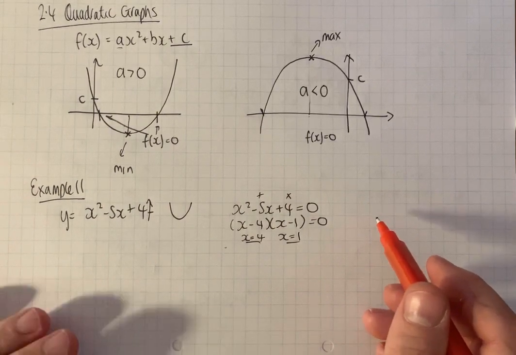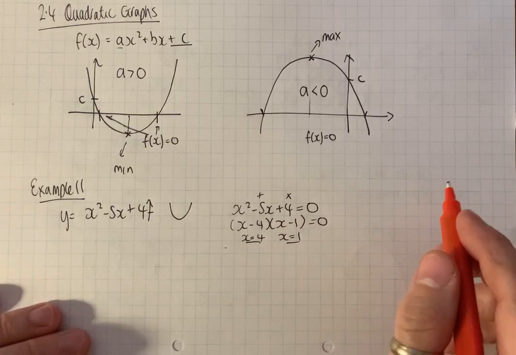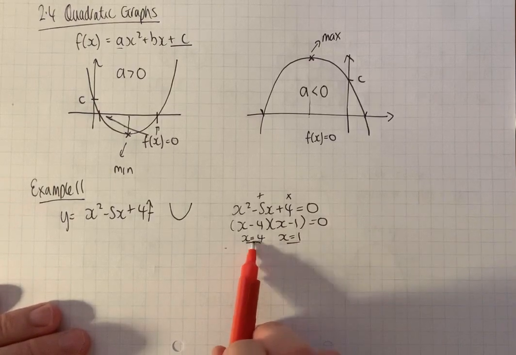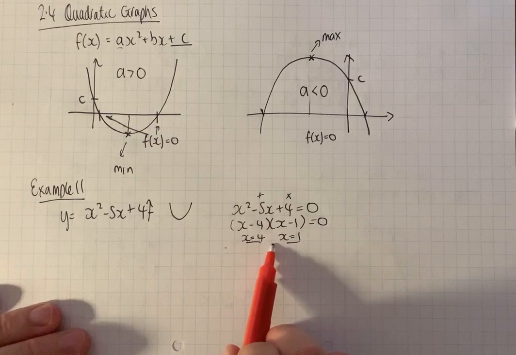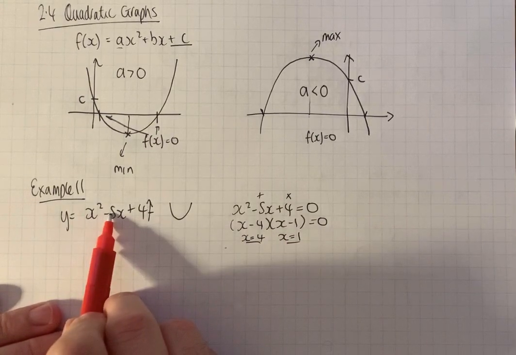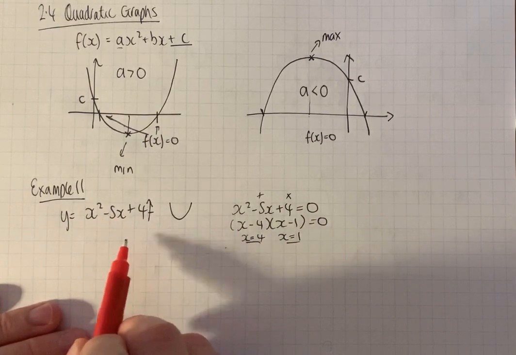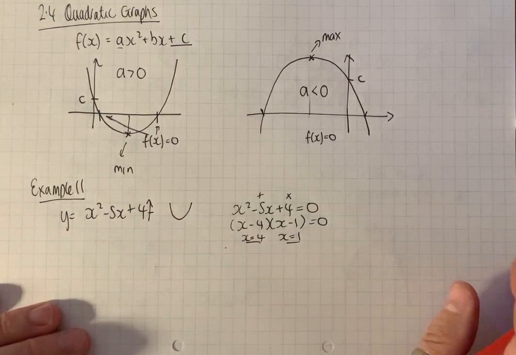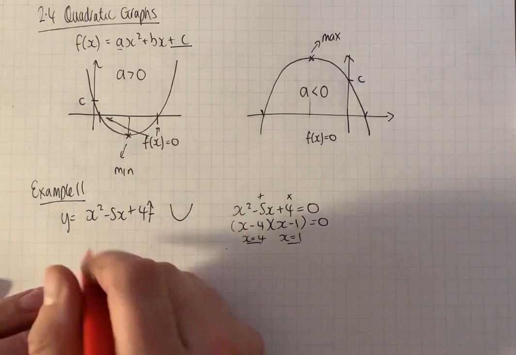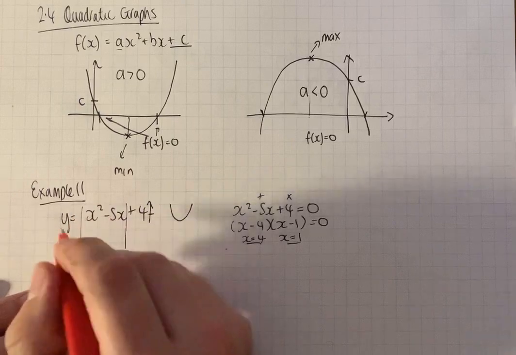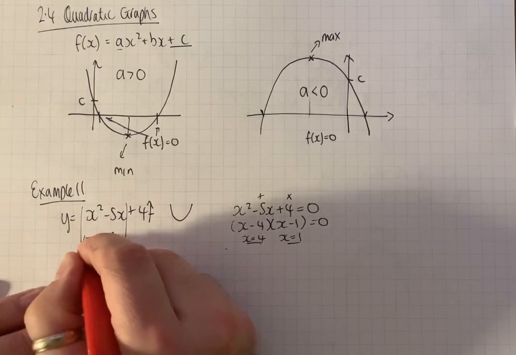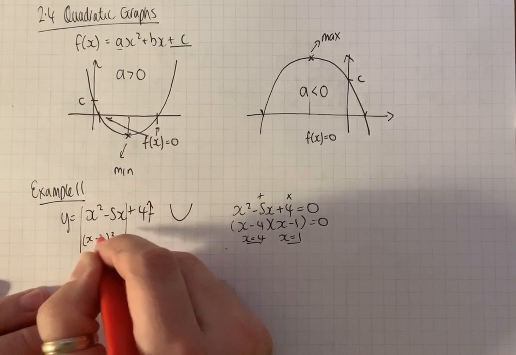Okay, what about the minimum point? Now, I can work out the minimum point by looking at what's in between 1 and 4, 2.5, substitute 2.5 back into here, and you'd get the y value. But a more common method is to complete the square. So if we complete the square, just look at this part first: bracket, bracket, squared, got to be an x, got to be a takeaway.